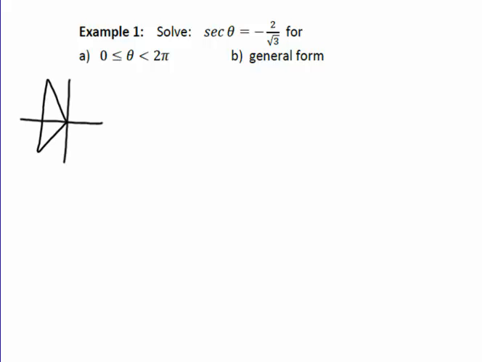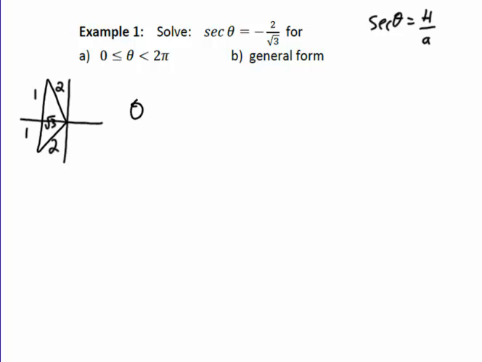Cosine and secant go hand in hand, and secant is the opposite of cosine. So secant theta is the hypotenuse over the adjacent. So that tells us that the hypotenuse in this triangle is 2, and the adjacent is root 3, which means we have a 1, 2, root 3 triangle.